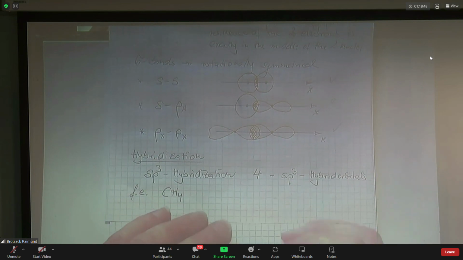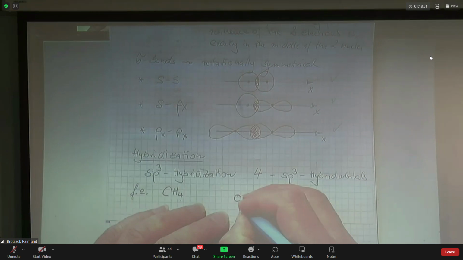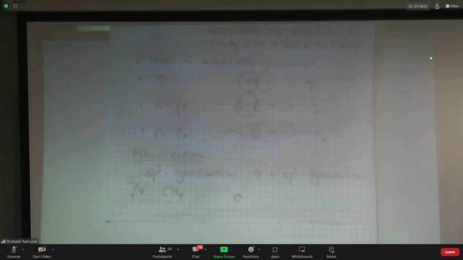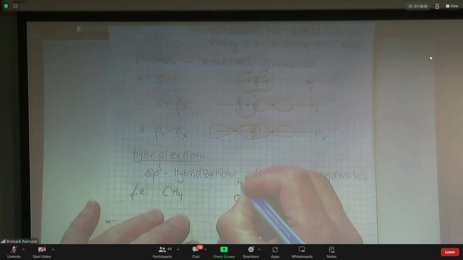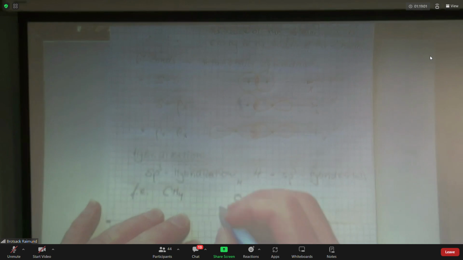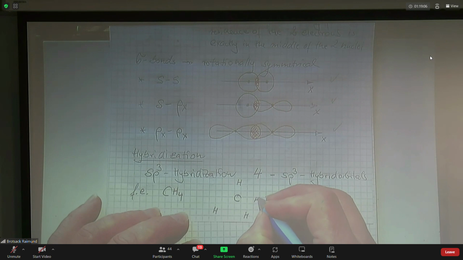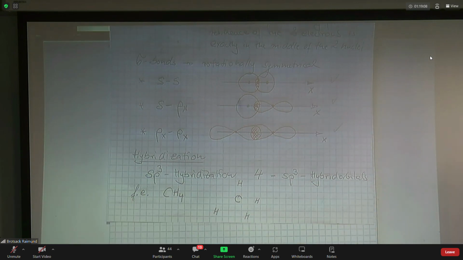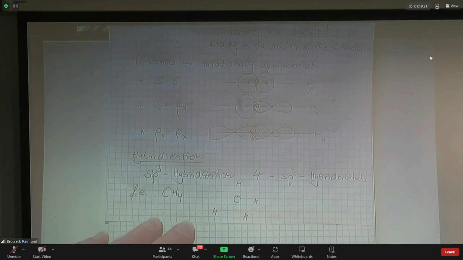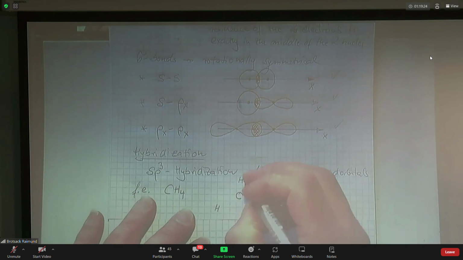We have our carbon, a tetrahedron. Yeah, we have the carbon in the middle of a tetrahedron. And on the edges of that tetrahedral structure, we have the hydrogen atoms. So the structure of those hybrid orbitals, the sp3, is looking into the edges of a tetrahedron.